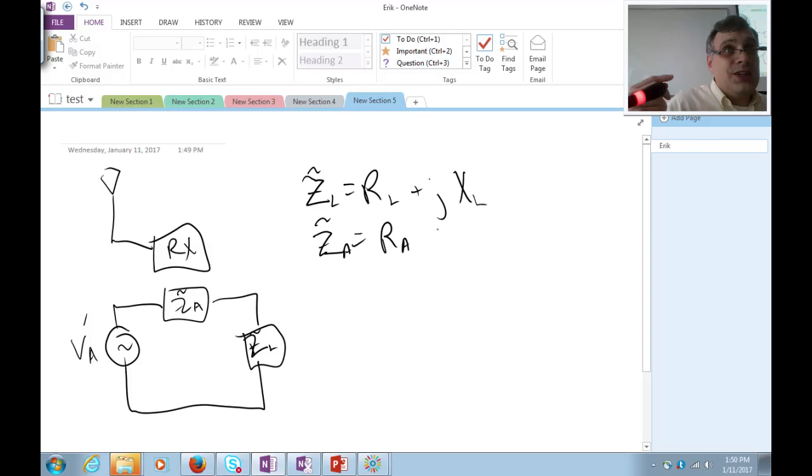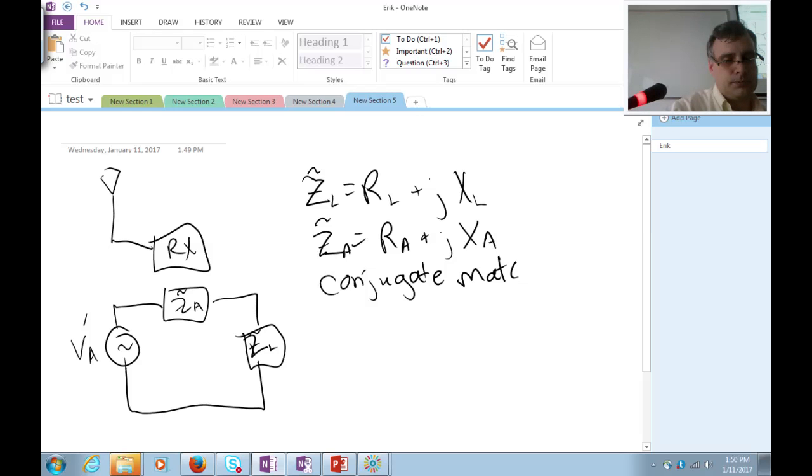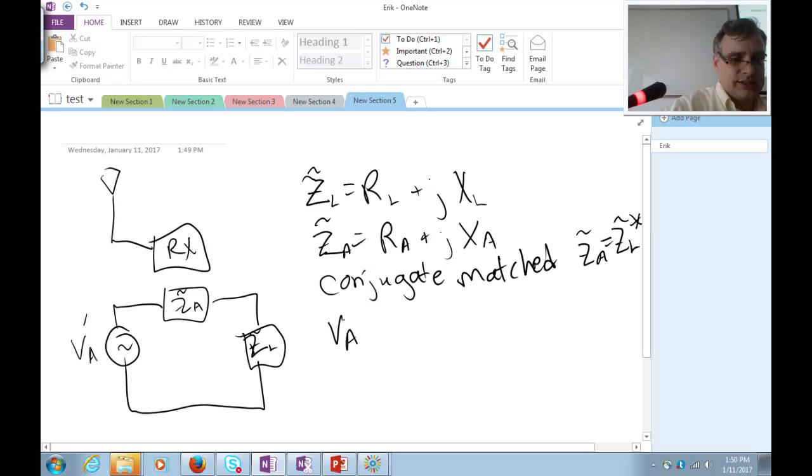And if it's the same antenna, it's going to have the exact same impedance. We're transmitting between two dipoles or two dish antennas, as long as they're identical and they're in free space, it should be the same. Okay, so this is the scenario I have. And of course, if I am conjugate matched, then that means Z_A is equal to the complex conjugate of Z_L.